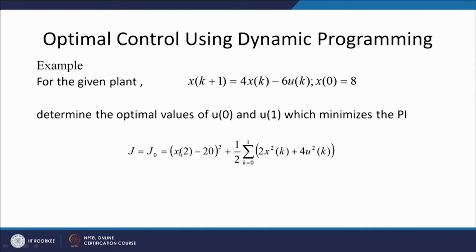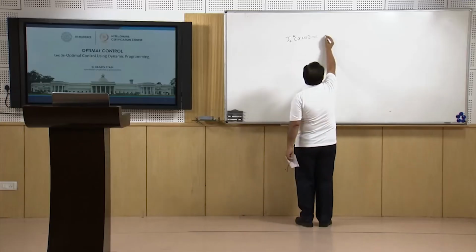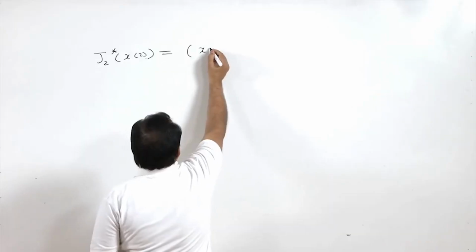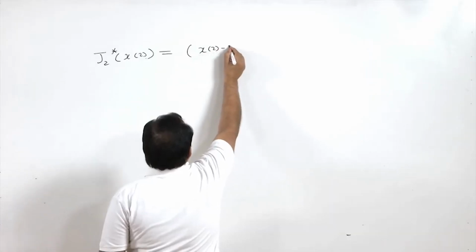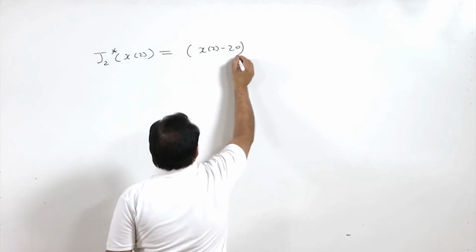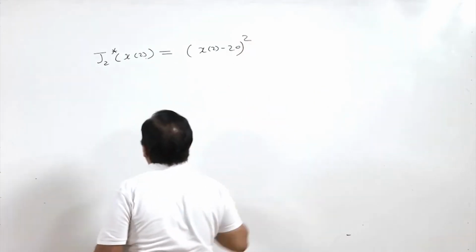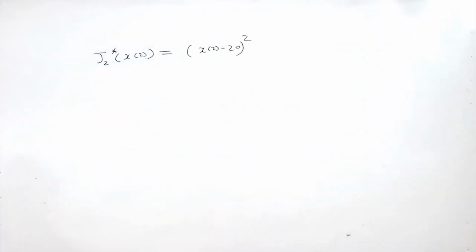So, this means at the point x2, this is my optimal cost. So, I can write J2 star x of 2 as (x2 minus 20) whole square.